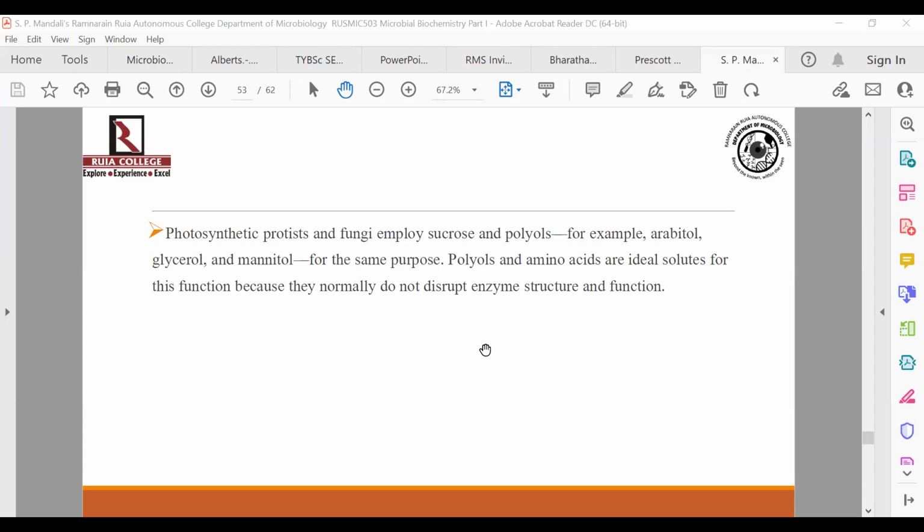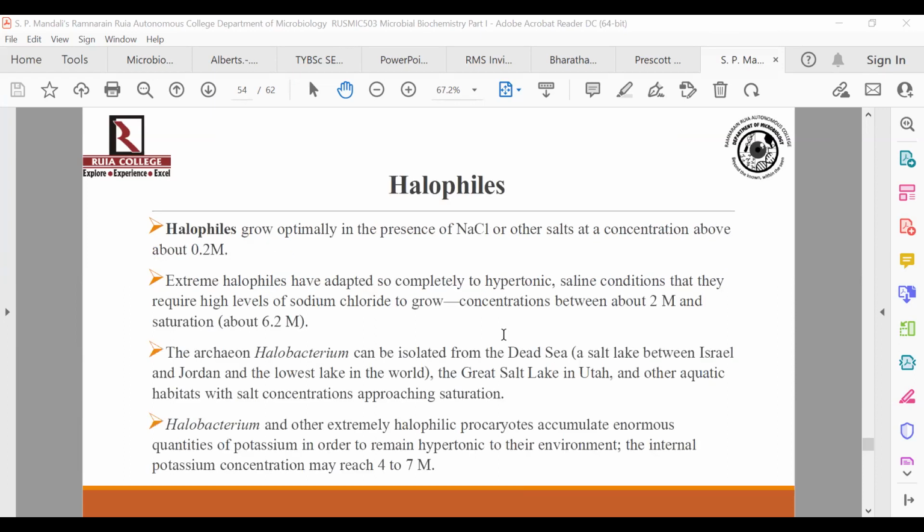With salts, there is a big fear because as the salt concentration increases, they can very well interfere with the protein and enzyme structure. And if the structure is affected, you very well know that the function is also going to get affected. So it's very important to understand that polyols and amino acids are much better than any other components to act as compatible solutes.